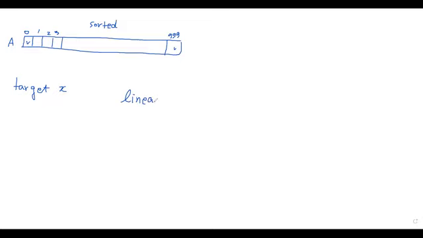Linear search. So let me write down here. We don't know what x is, so I want to make some general way. So given a sorted array and one target value.